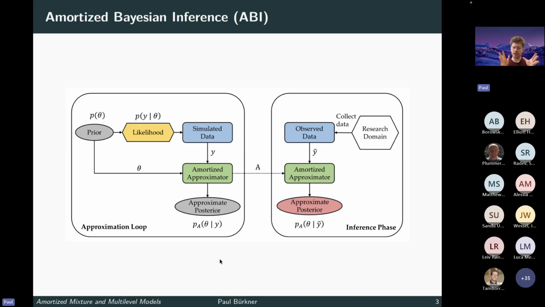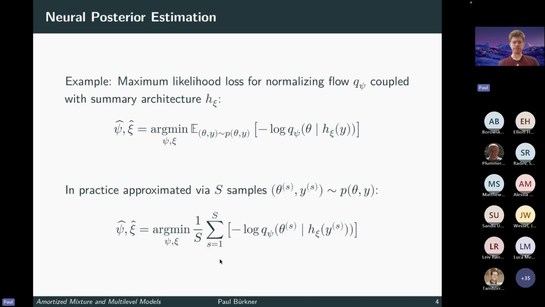All right, so with a split of training and inference phase, how are we going to actually train? The standard approach nowadays would be neural posterior estimation, where we are learning from simulated data a generative neural network that can learn to approximate the posterior distribution for any potential input data.